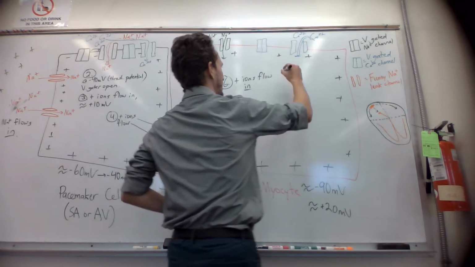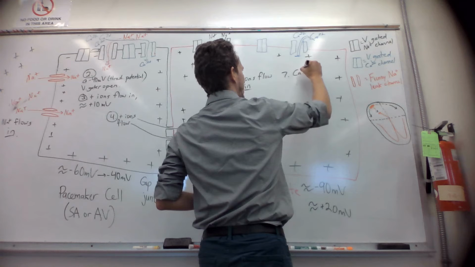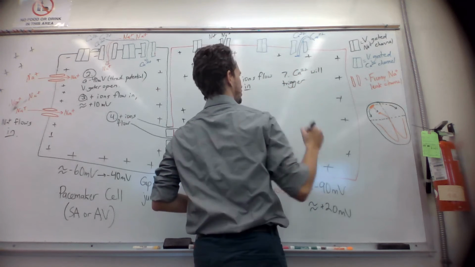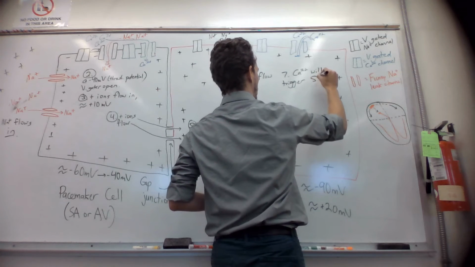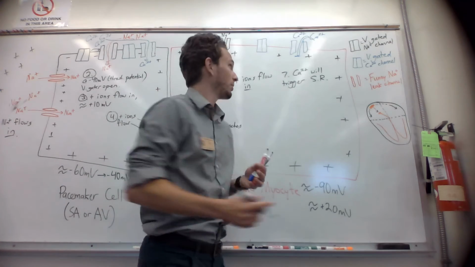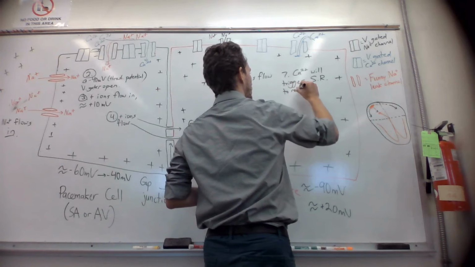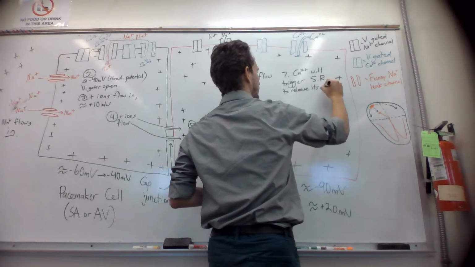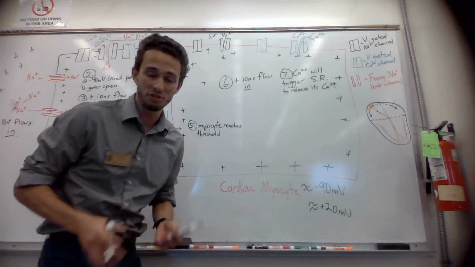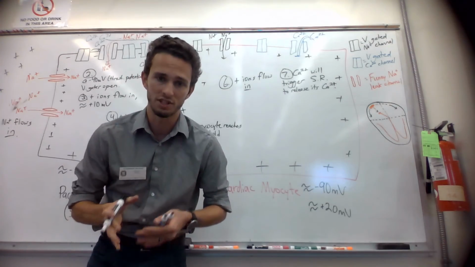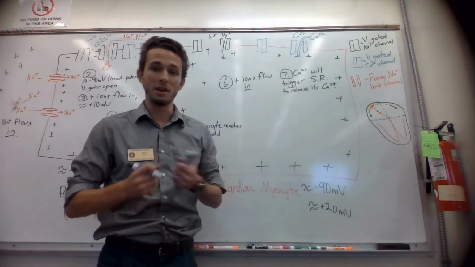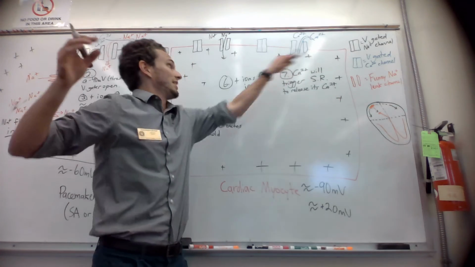Since calcium is flowing in, the calcium itself will trigger a storage bin called the sarcoplasmic reticulum, SR, that stores a lot of calcium, to release its calcium. The sarcoplasmic reticulum is basically a modified endoplasmic reticulum within the cardiac muscle cell. When it gets stimulated by calcium, it'll basically explode with a bunch of calcium into the cell.